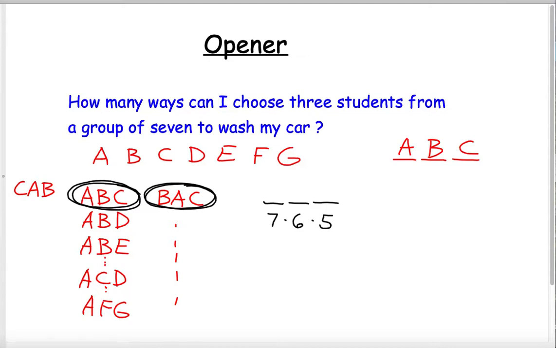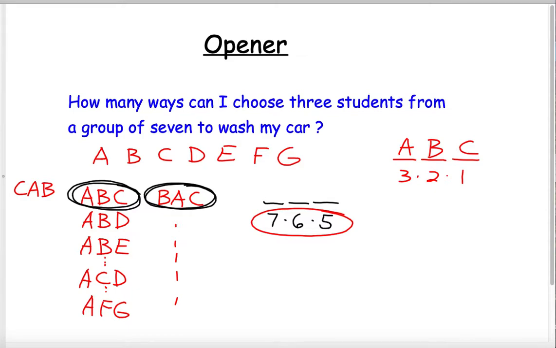Well, I could pick any one of the 3 of them first, then I have 2 left for my second choice, and then I have 1 left for my third choice. So there's actually 6 different ways that out of the 3 that I selected here, I really have the same 3 people.